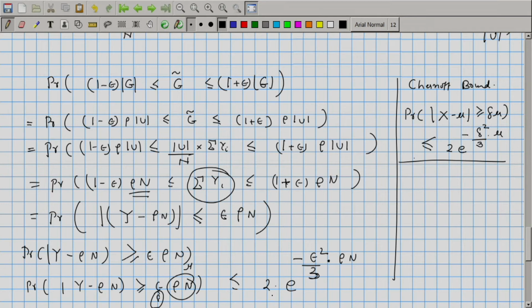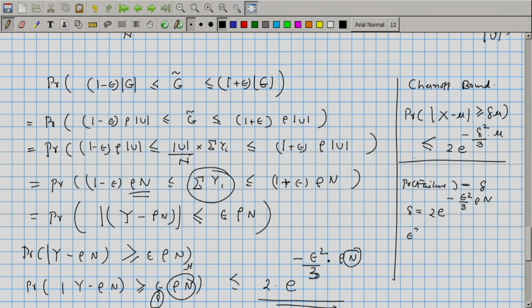So, we will look at the failure probability. The failure probability is less than this. If we can tolerate a probability of failure equal to delta, at most delta, then we can equate these two quantities to determine what n should be. So, equating those, delta, the failure probability, is equal to 2 e raised to minus epsilon square by 3 rho n. We can just take log.